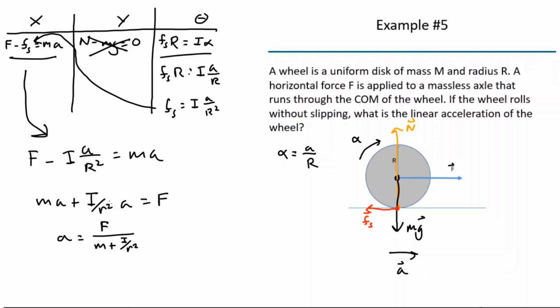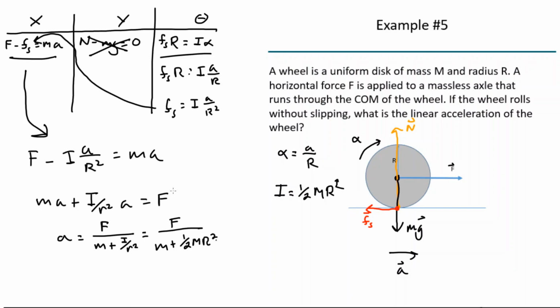All right, my last step is I know that this is a uniform disk. I can look at my formula for the moment of inertia of a uniform disk. It is 1/2 m R squared. Plug that in here, I get a equals F over m plus 1/2 m R squared over R squared.